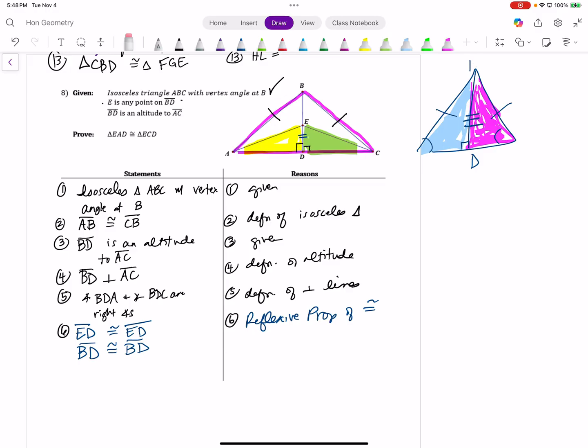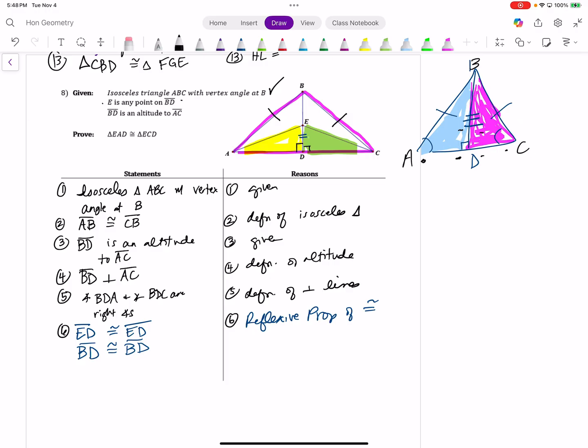Then up here, oops, I had the eraser on. Let's put the A and the C over here, because now I've got enough, don't I? I could do angle, angle, side if I wanted to right there.